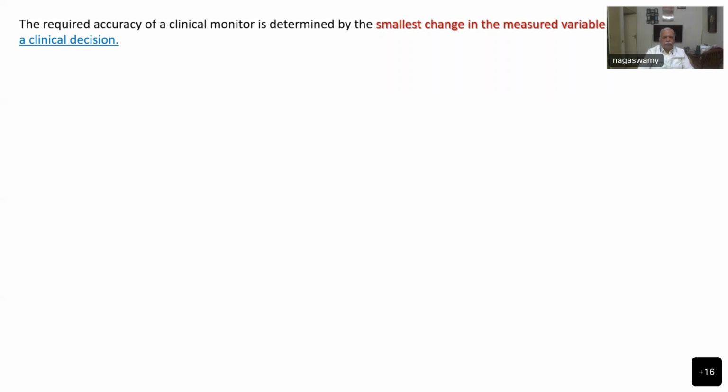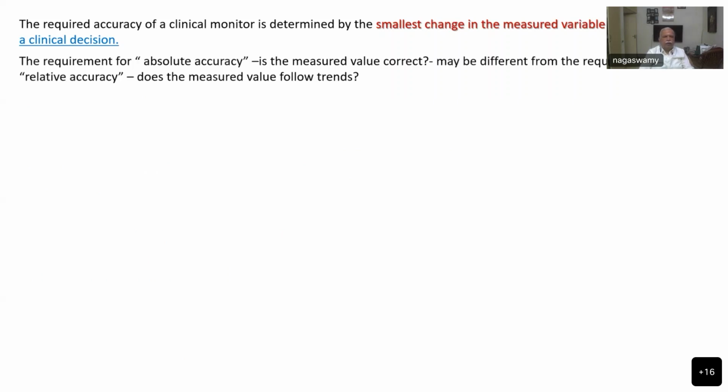That decision making usually requires an accurate monitor. The requirement of absolute accuracy, whether the measured value is correct, may be different from the requirement for relative accuracy, whether the measured value follows the trend. These are the two important differences you should know between absolute accuracy and relative accuracy.